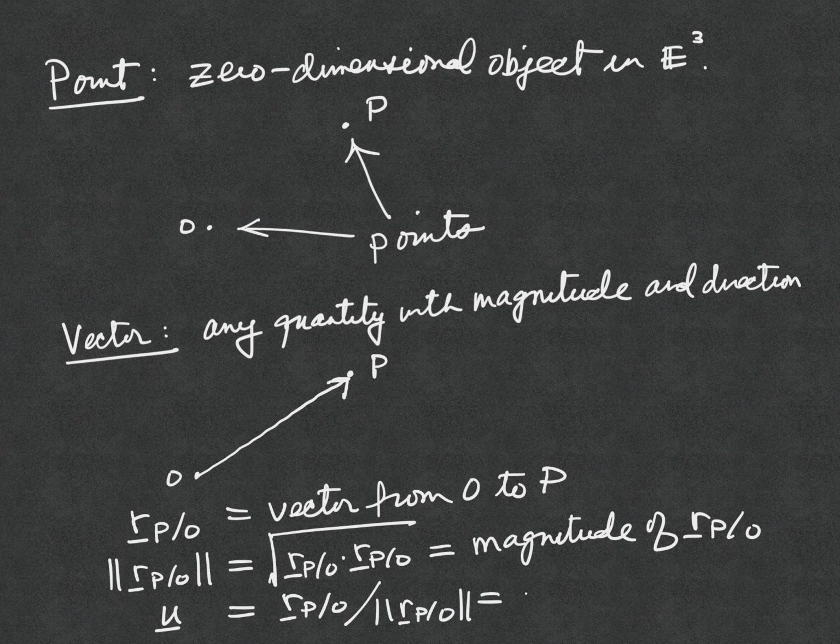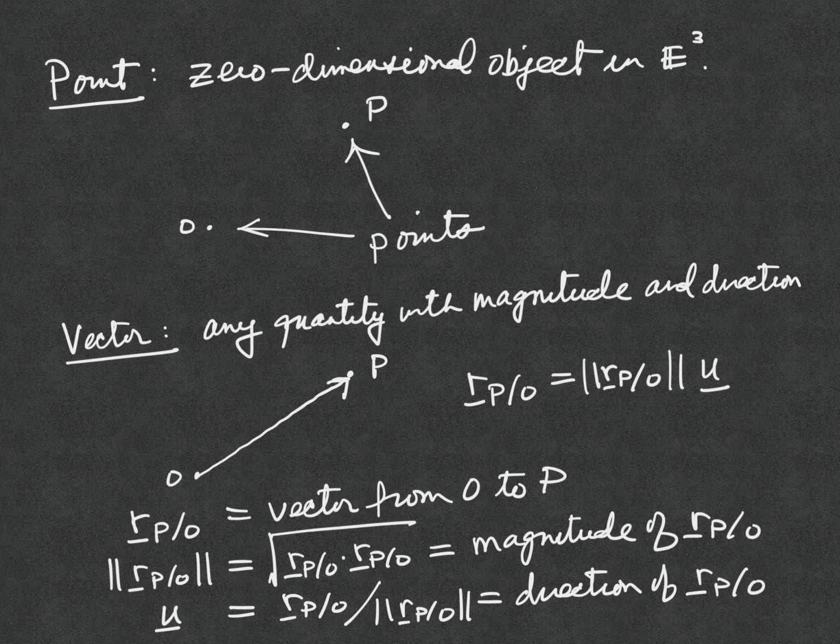And that's the direction of RP/O. So you can see now that given this whole construct, the vector RP/O can be written as its magnitude times its direction. And that's how any vector can be written: its magnitude times its direction.